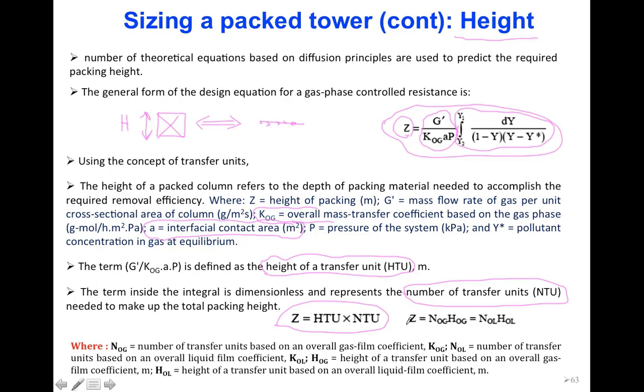We can write this based on the liquid phase or the gas phase, depending on the mass transfer coefficient we use. For example, here we have KOG, the mass transfer coefficient based on the gas phase, but we can have one based on the liquid phase. I'm not going to go through this because we don't need all these details. For now, you just need to know what HTU is and what NTU is, and that's all.